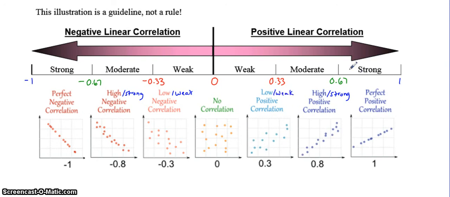So if you had 0.7, you might say it's a moderately strong correlation, whereas if you had 0.9, you could say it's a very strong correlation. 0.1 would be very weak, 0.2 might be somewhat weak, 0.3 might be moderately weak. So you can use those descriptor words to help you describe where within that range your correlation coefficient is.